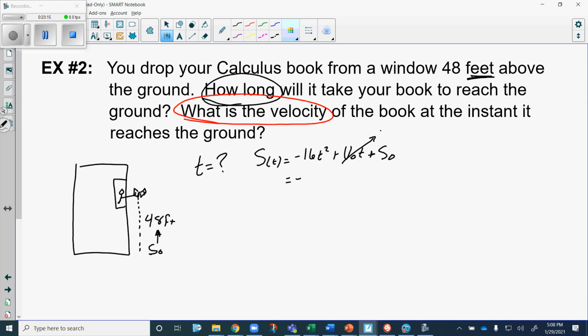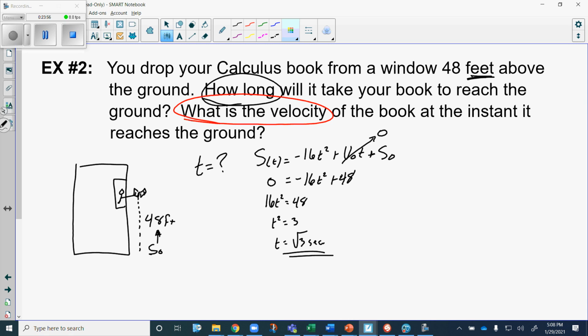So we have negative 16t squared plus the initial height, 48. There's our position function, and we want to know how long it took to get there, so we have to solve for time. Set it equal to 0, and that gives you 16t squared is equal to 48. Divide, and we get t squared equal to 3. So time in this case will be the square root of 3 seconds.